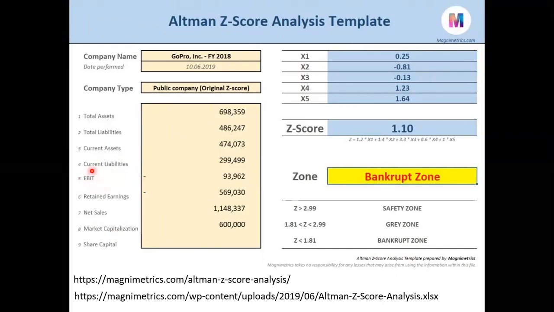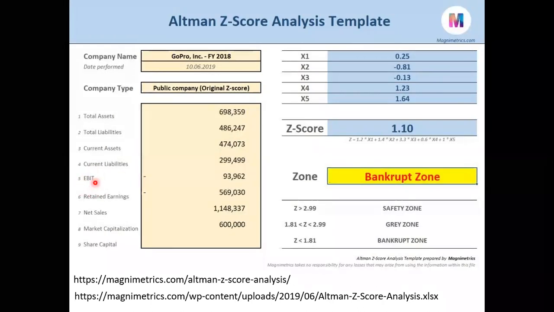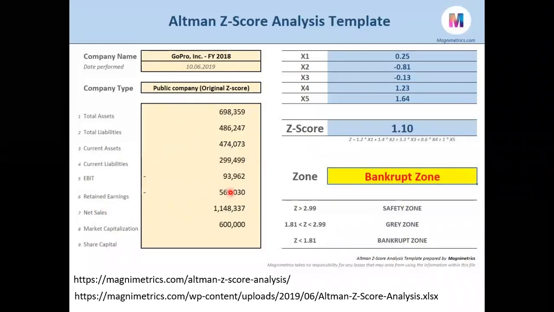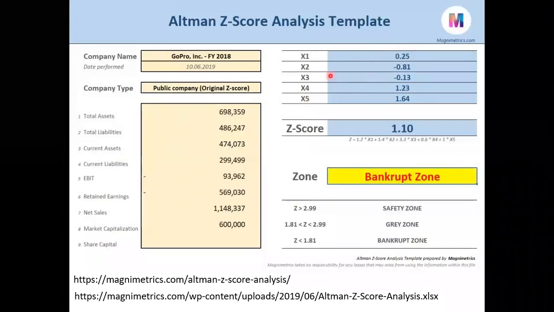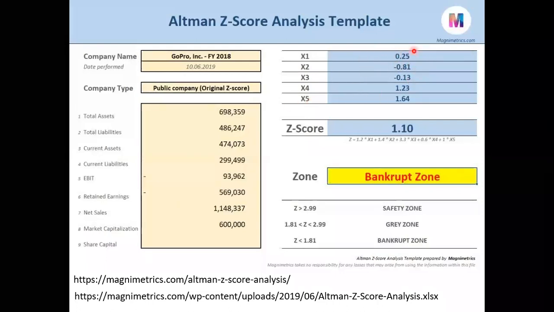If so, you can put in EBIT, earnings before interest and tax. It's very easy to calculate. And you can put in the retained earnings, net sales and market capitalization. So it's automatically calculated. Everything is here.